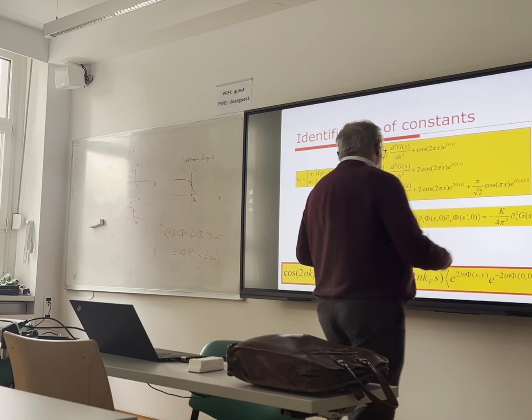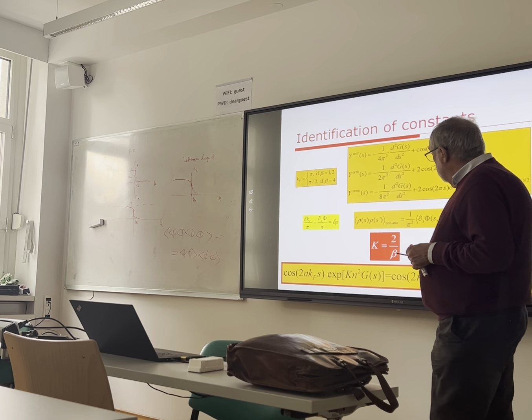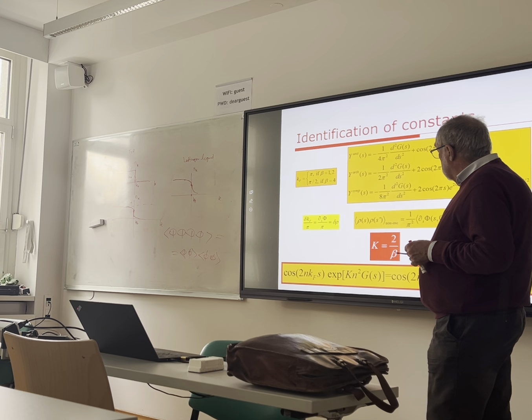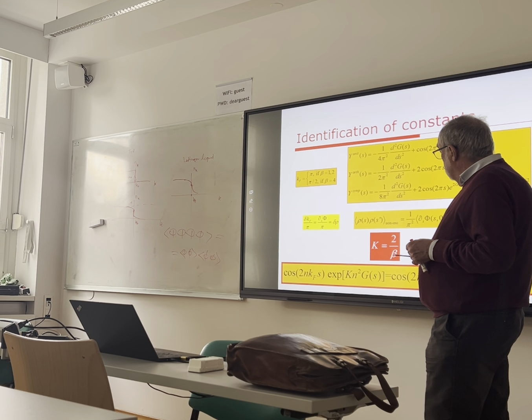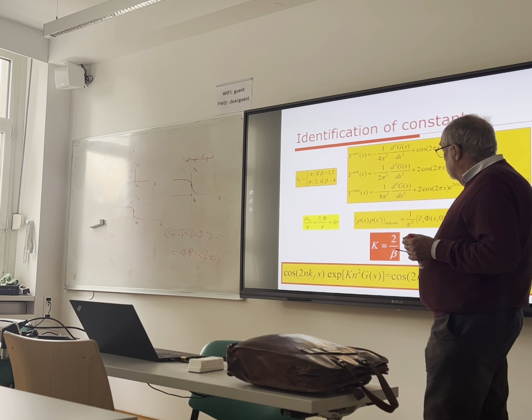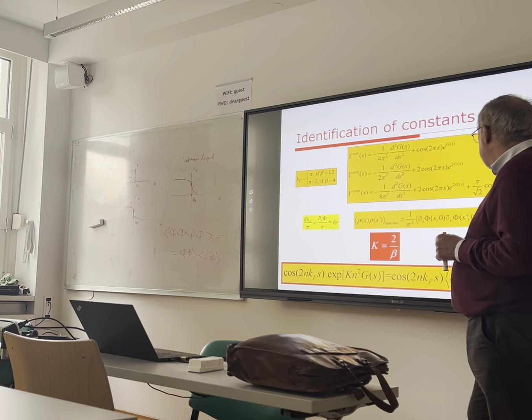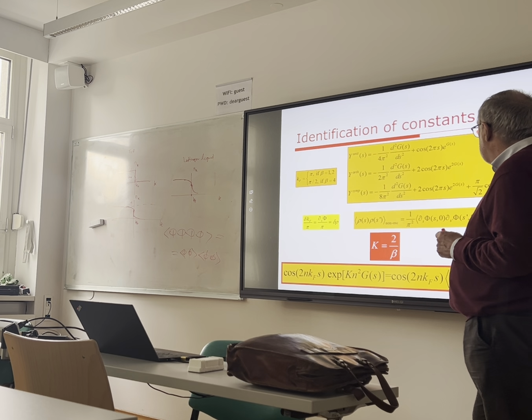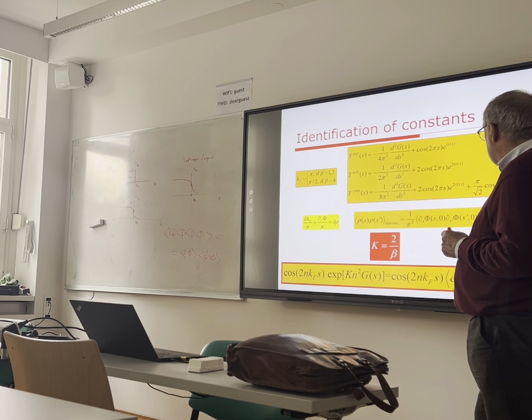So as was expected, when beta is 2, it is non-interacting fermions, and k is equal to 1. When beta is equal to 1, k is equal to 2, and this corresponds to attraction. And when beta is equal to 4, k is 1/2, smaller than 1, and this is the repulsion. So everything is as it should be.